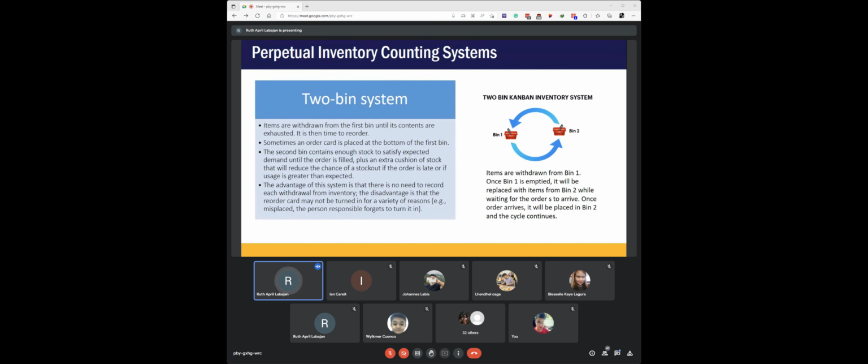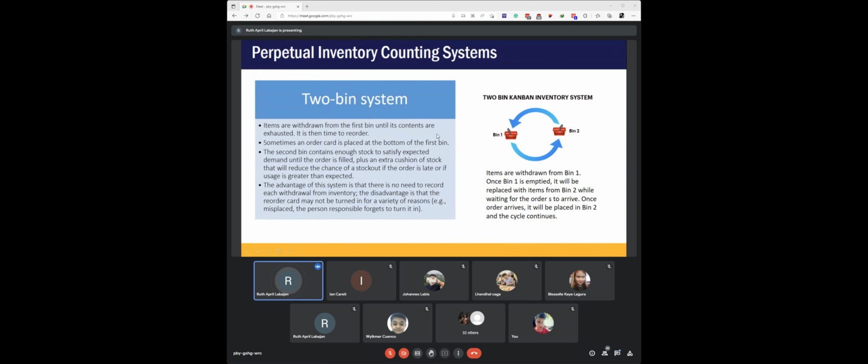So as you can see in the figure here, this two-bin Kanban inventory system, you have two containers, bin 1 and bin 2. Si bin 1 contains items. Usually dili na siya applicable sa mga grocery stores or mga retail stores. Usually sa mga company ni siya na mag-utilize og mga raw materials or sometimes parts or components.